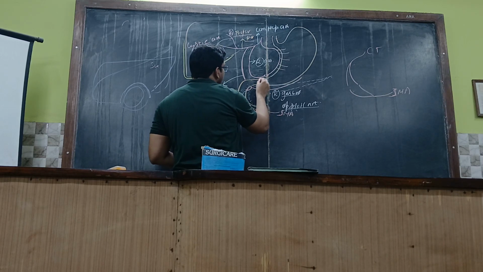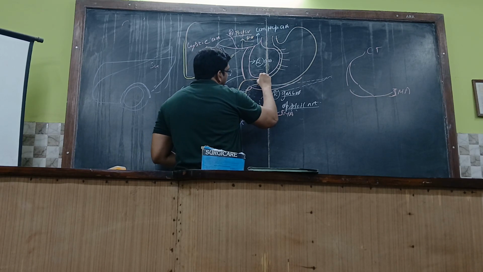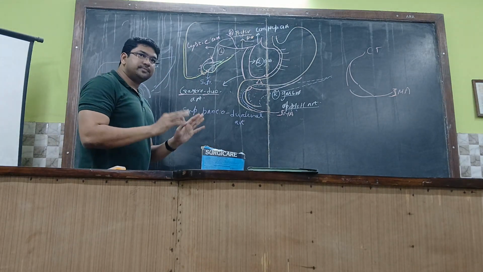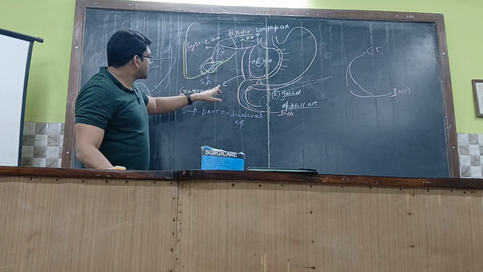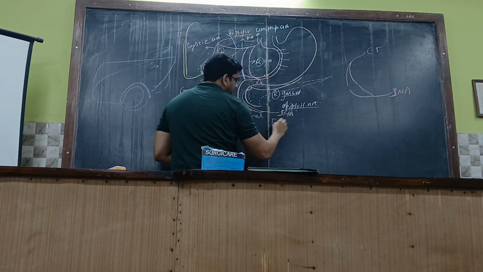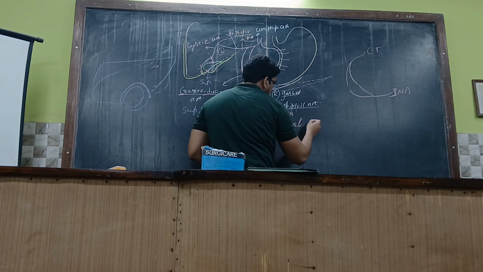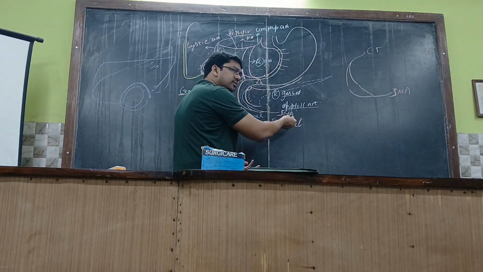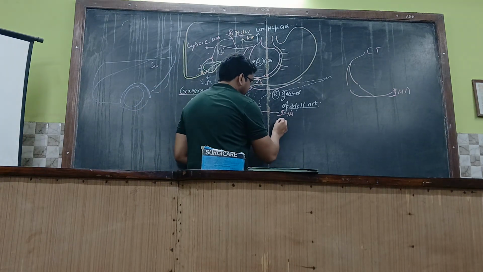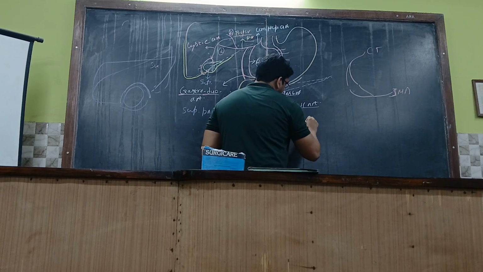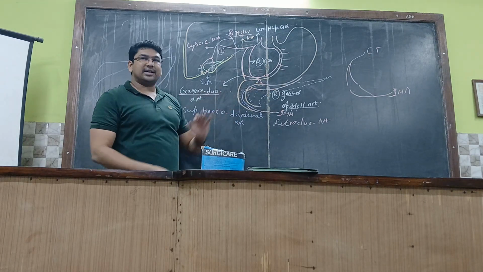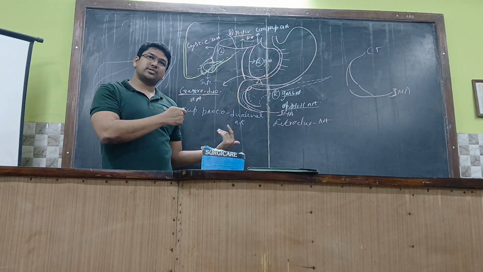The retroduodenal artery is an occasional branch of the gastroduodenal artery that will be supplying the common bile duct. The gastroduodenal artery will be giving rise to an occasional branch called the retroduodenal artery or dorsal duodenal artery, because behind the duodenum you can say dorsal or retro, anything.